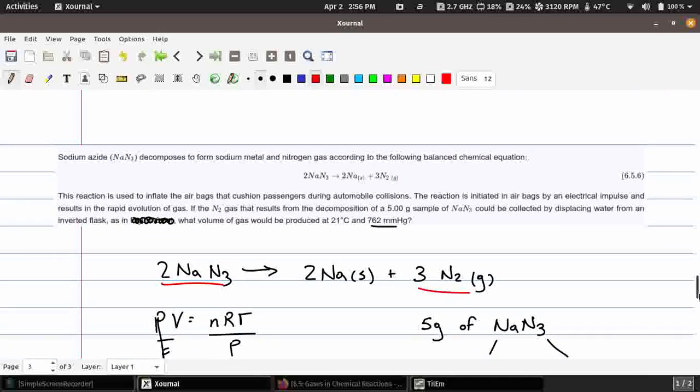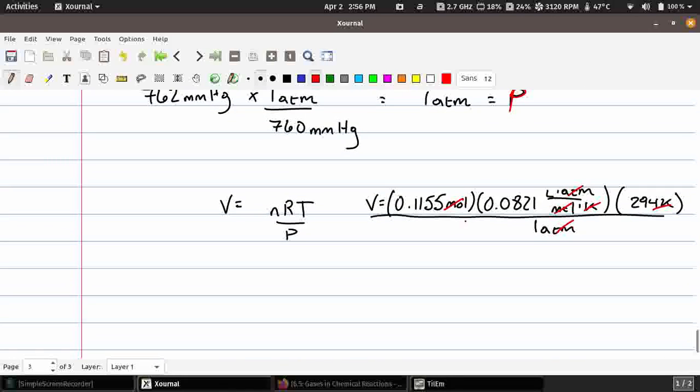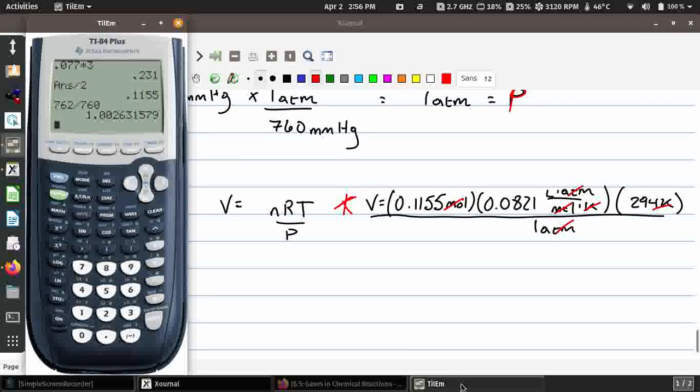So the question is, what volume of gas would be produced under these conditions? This is the equation you're going to use right here. So let's plug this into the calculator. 0.1155 times 0.0821 times 294, and then divided by 1.